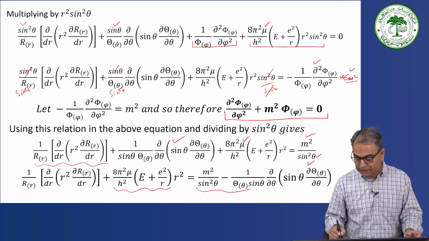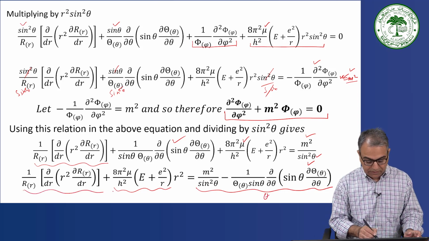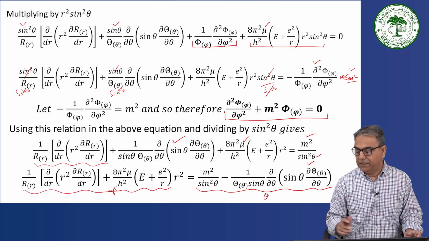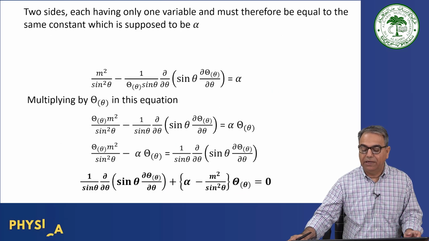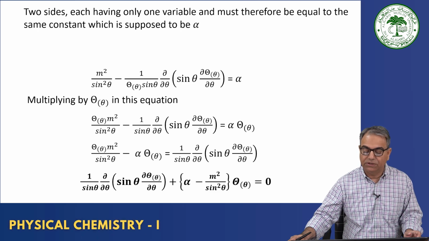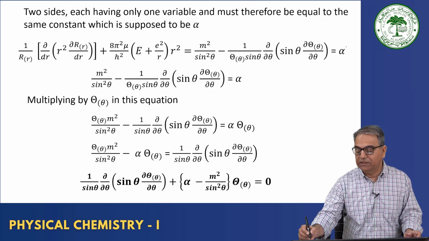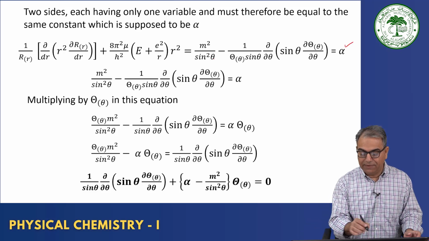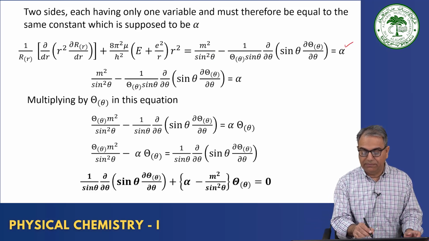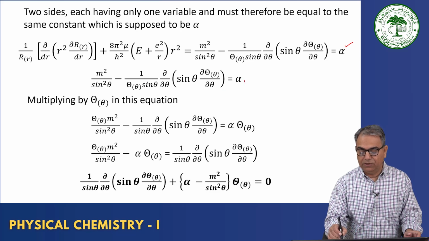So this is theta dependent, and this is r dependent. Now two sides, each having only one variable, must therefore be equal to the same constant, which we call alpha. So we equate these two sides to alpha, and we can write the theta part: m square by sin square theta minus 1 by theta theta sin theta del by del theta sin theta del theta theta by del theta is equal to alpha.